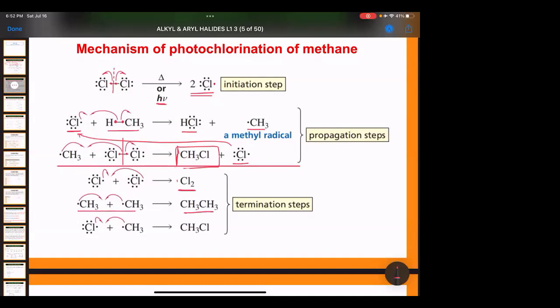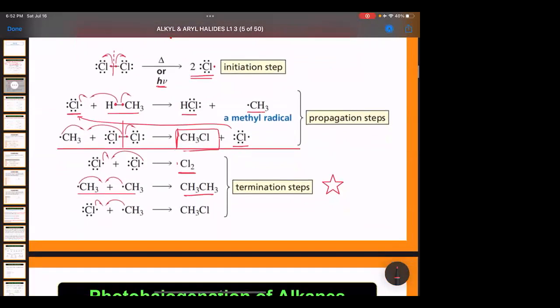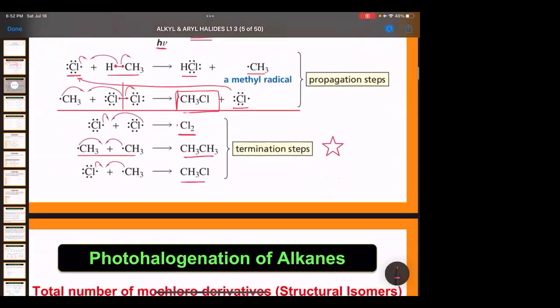This is just the reverse of the initiation step. These are known as chain termination steps, and they are responsible for the decrease in the number of radicals, because the radicals join together and form something neutral. So this is the mechanism.